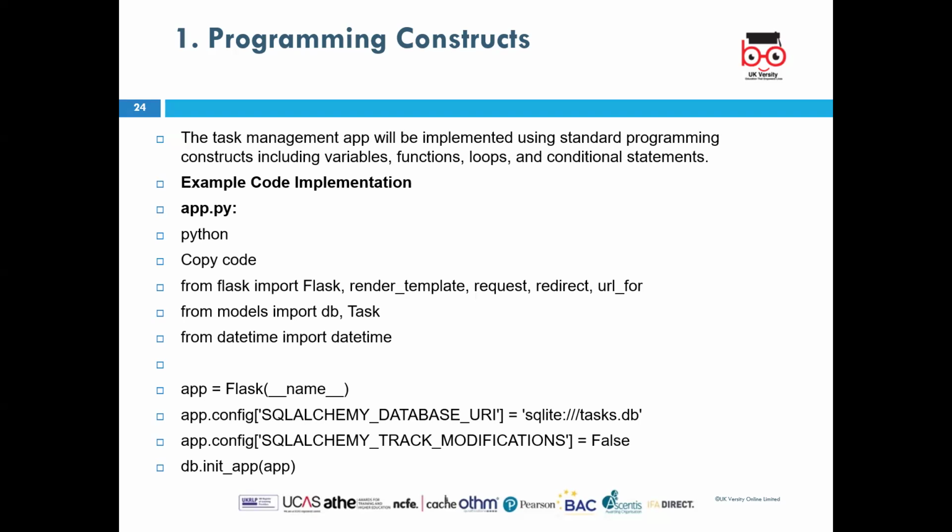Okay, so looking back to our 3.1 learning outcome, we now introduce constructs. Our program needs to include variables, functions, loops, and conditional statements. So here again, we have an example of our app.py file.